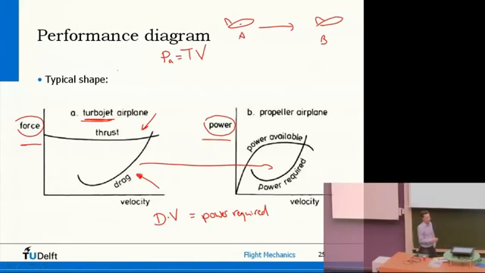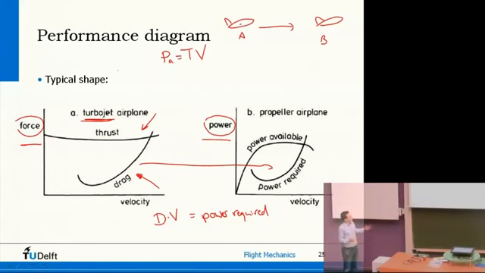Well, the difference between thrust and drag is basically a force difference. So if you consider, let's say, you fly at this velocity and the drag is this much, and this is the thrust you can generate if you give full power, then this difference is a force difference, and that tells you basically F is m times a, how fast you can accelerate.